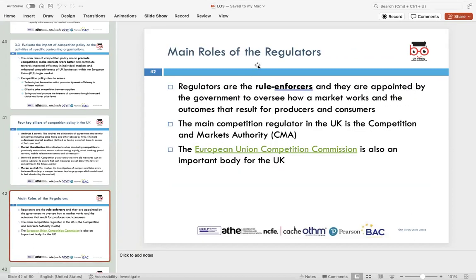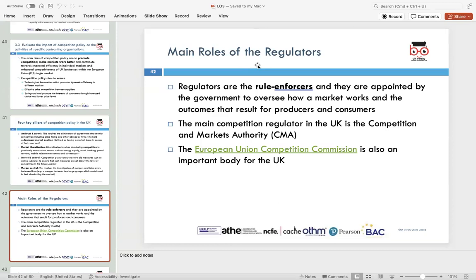Main role of the regulators. Simply, rule enforcers are known as regulators, and they are appointed by the government in order for the government to monitor the functioning of a market and the results that are obtained by both the producers and the consumers.